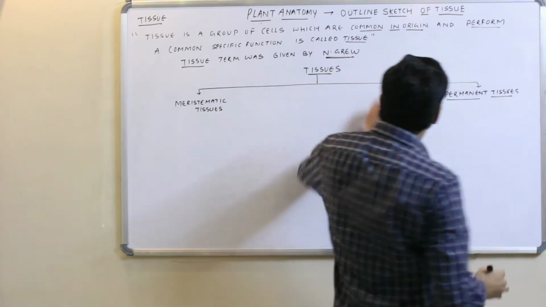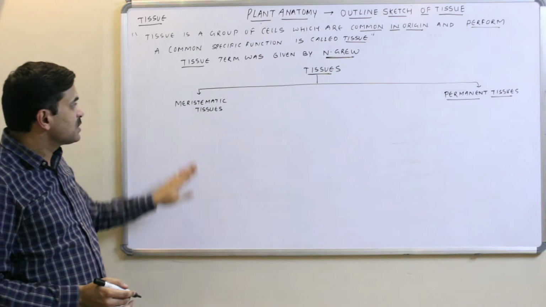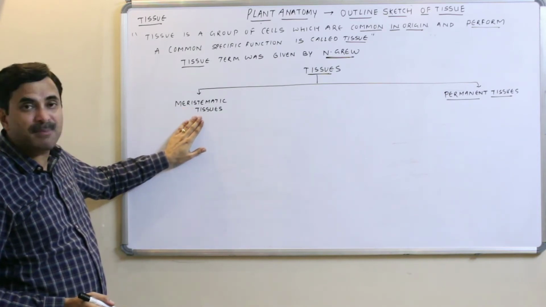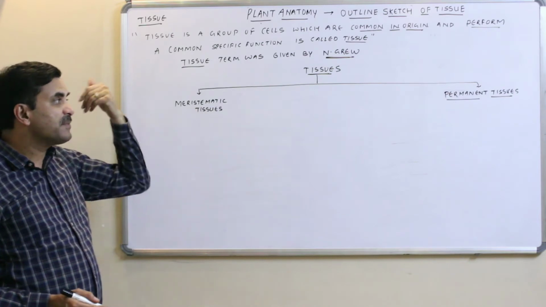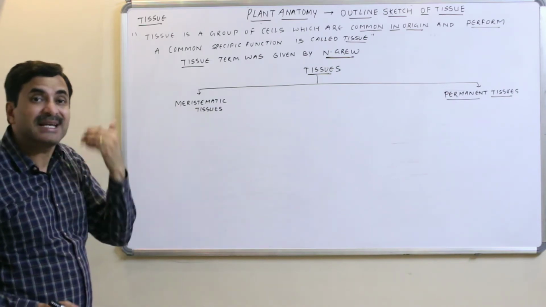As in this video we are discussing just the outline sketch of the tissue, we'll be discussing a little bit about the meristematic and permanent tissue, but in the next videos we'll be dealing with the meristematic tissues and the permanent tissues in detail.